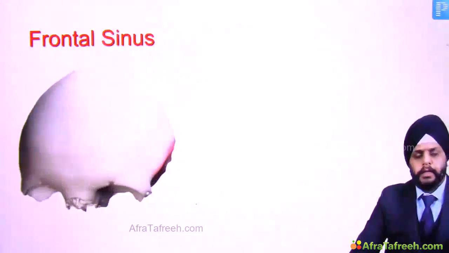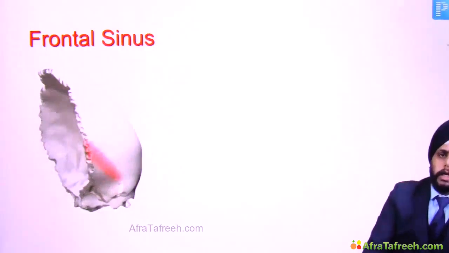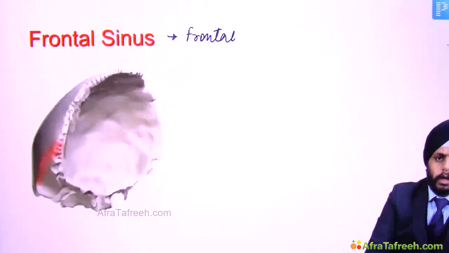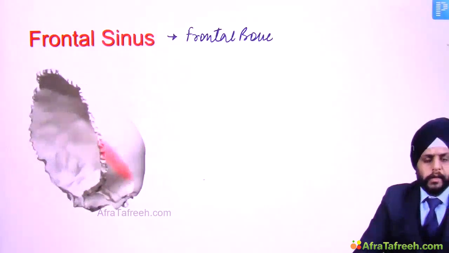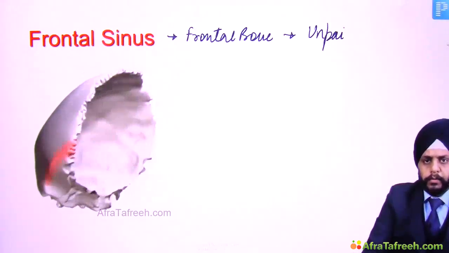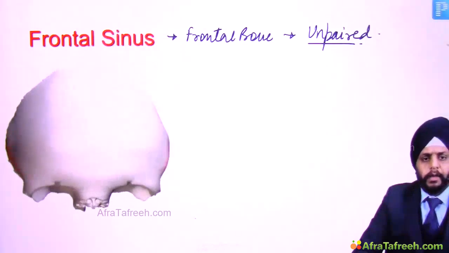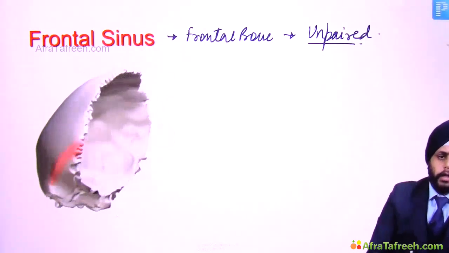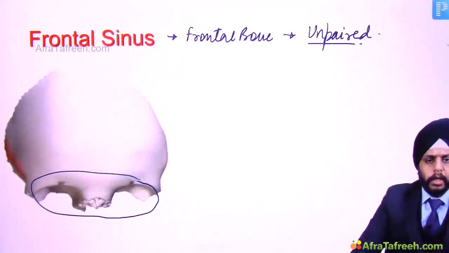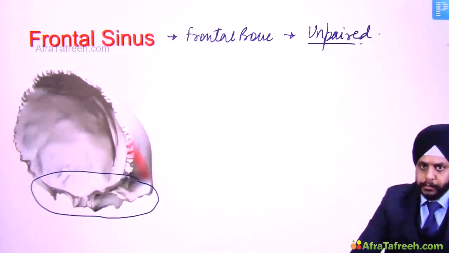Let's go and see the frontal sinus. The frontal sinus obviously lies in the frontal bone. As you can see over here, this is the frontal bone, and this is also an unpaired bone. This part of the frontal bone forms the superior wall of the orbit.